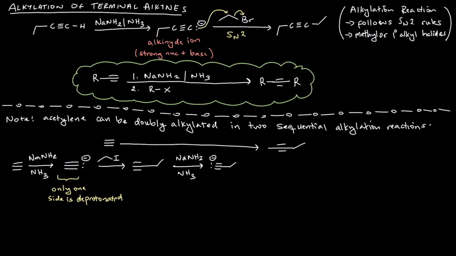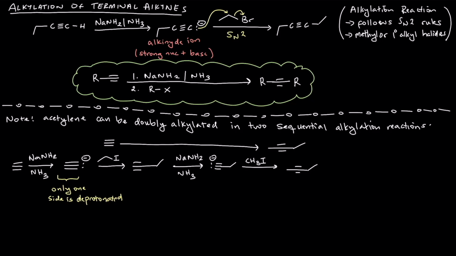You form your alkynide ion once more. And then once more, you can react that alkynide ion with another alkyl halide, this time representing the number of carbons on the left-hand side of this particular alkyne product, which is your methyl iodide. And then you would form your internal alkyne.